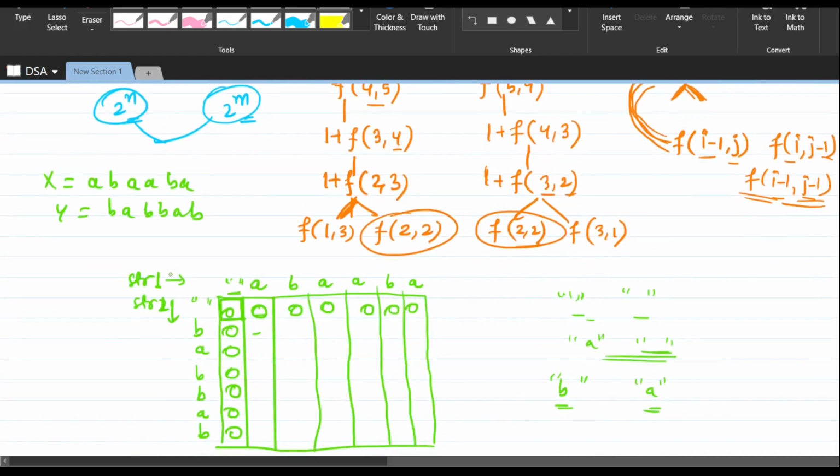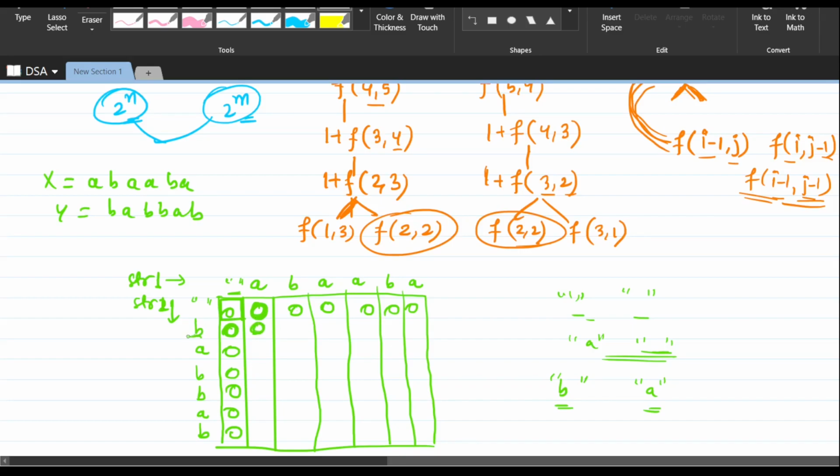So when we decrement i, I will reach up here and find 0, and when I decrement j, I will end up here and find 0, and I will take the maximum of these two values. So here 0 will be the maximum because we have two 0s only.